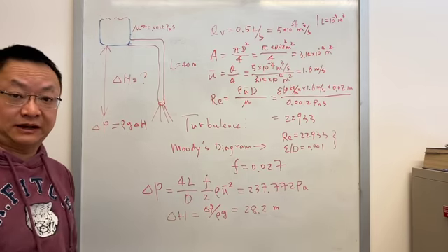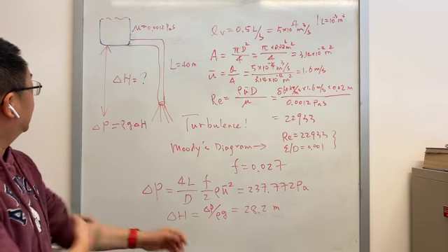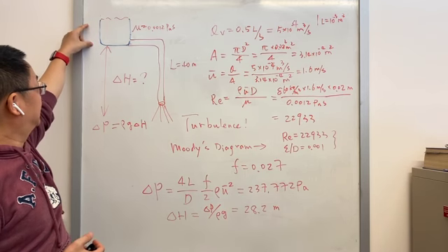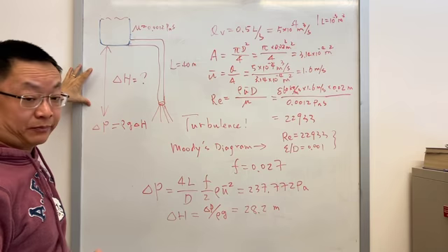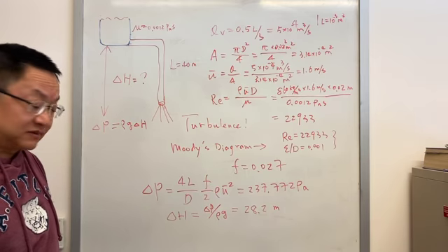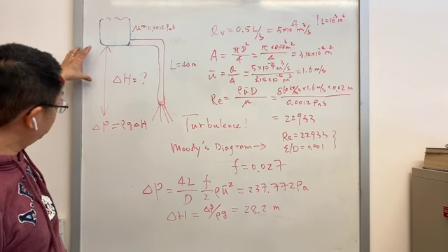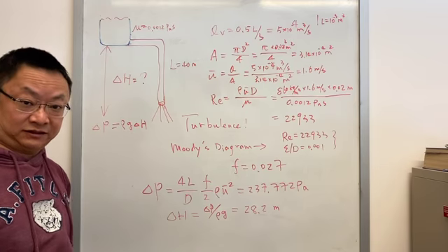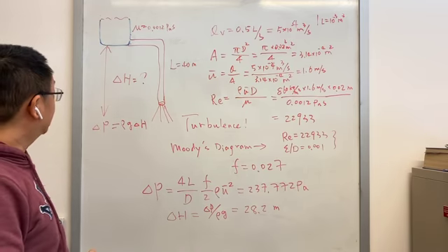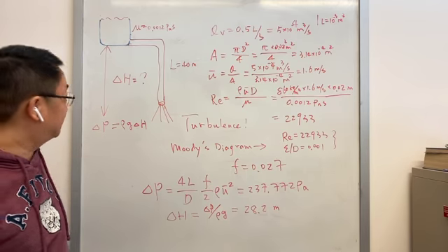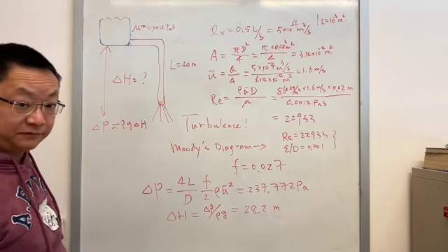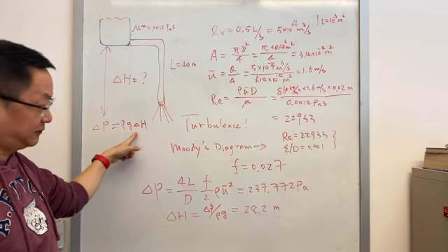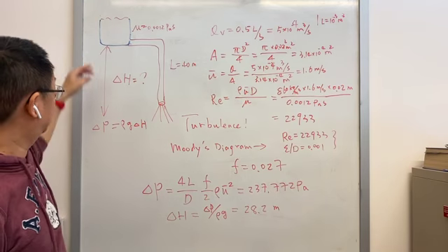The piping system has a length of 40 meters, and since it's an overhead tank, that means the driving force is produced by the height difference, delta H. Because we have this height difference from the tank to the exit of the liquid through the pipe, we're going to generate a pressure difference from this point to this point. And that pressure difference is determined by gravity. So rho g times delta H will give us the pressure difference that is going to be created.